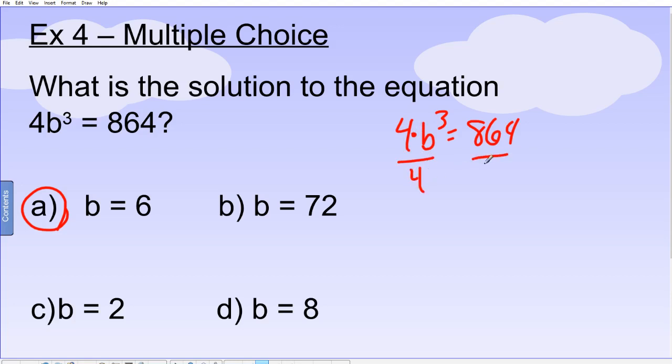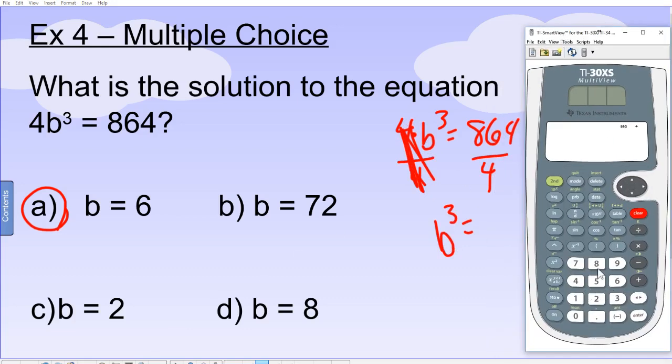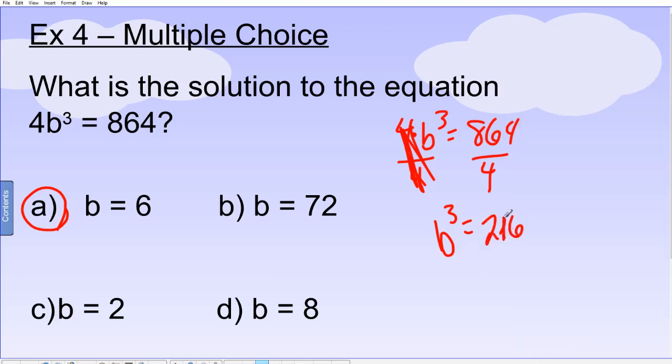So you would divide by 4 on both sides. b cubed equals whatever that equals. 864 divided by 4 equals 216. Now, to undo b cubed, we would cube root both sides. This cancels. b equals the cube root of 216, which is 6.